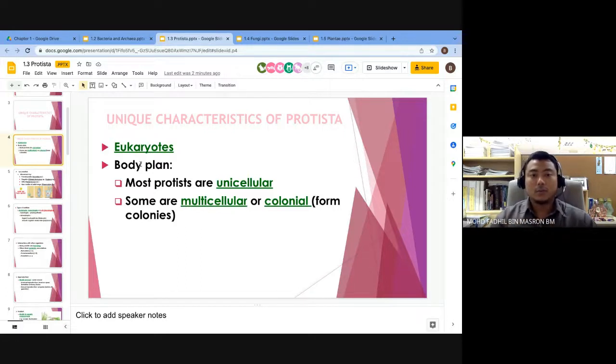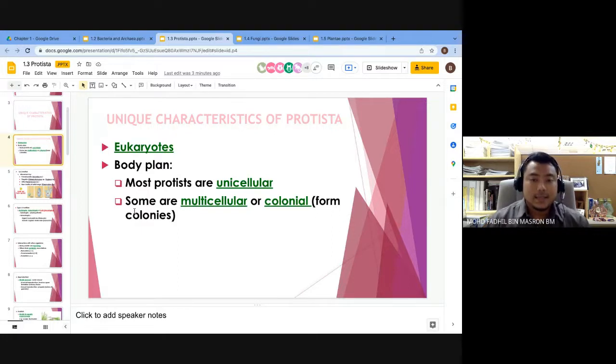Yang kedua, we look at the next characteristic. Most protists are unicellular. Korang tu unicellular ke? Korang ni adalah multicellular. So korang tak layak, korang tak boleh nak masuk dekat group ni. Tak boleh nak masuk dekat kerajaan ni. Lepas tu korang akan cakap, Sir, tu yang bawah cursor tu apa benda tu? Multicellular tu.